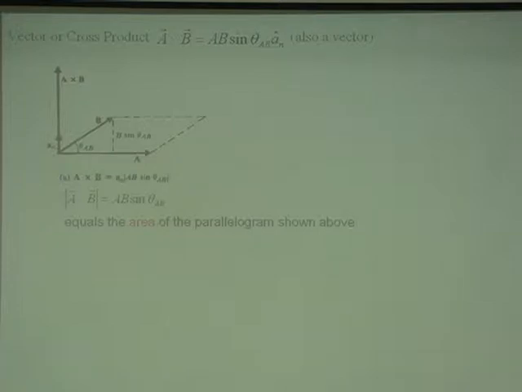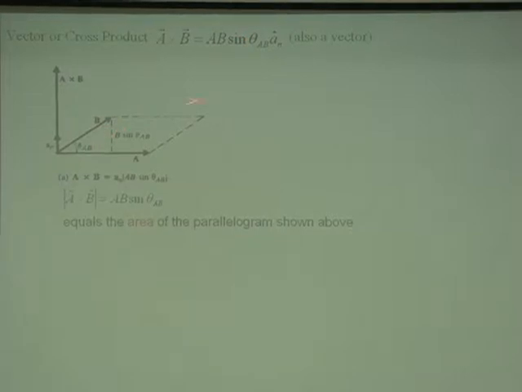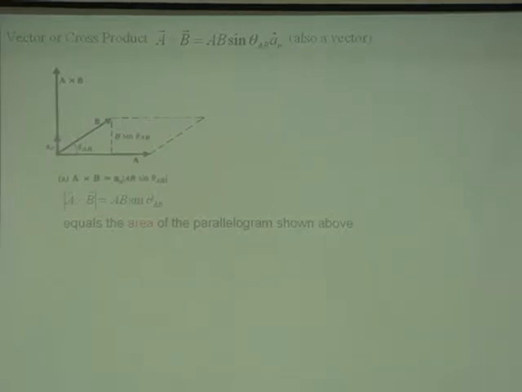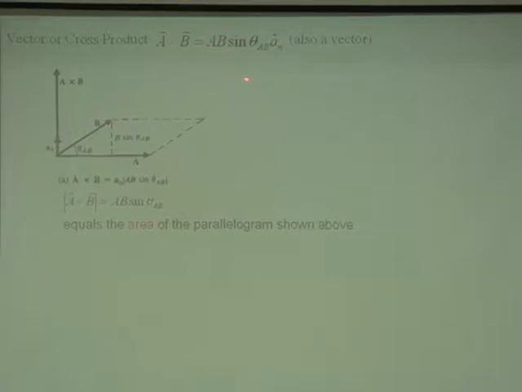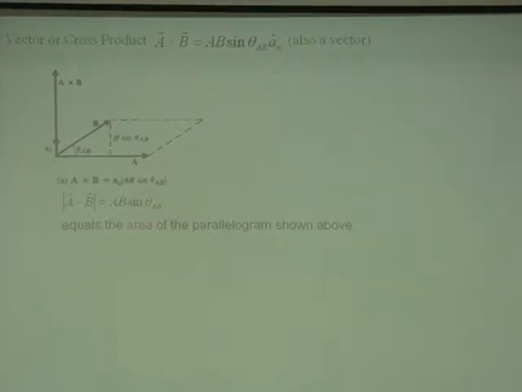Okay, and the vector product, the cross product basically is the multiplication of the two vectors' magnitudes, and then multiply with sine of the angle between these two vectors. So AB sine theta_AB is going to be the magnitude of this vector cross product.